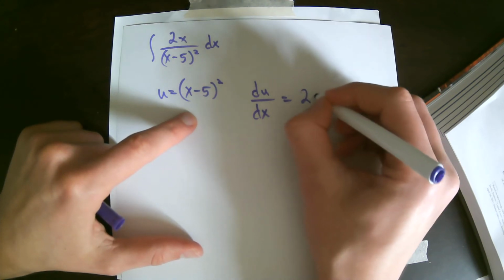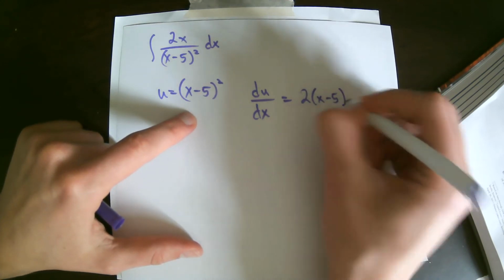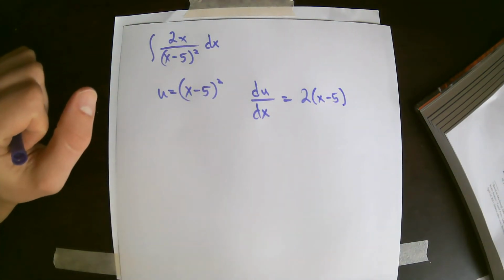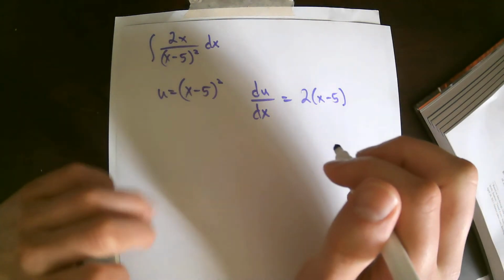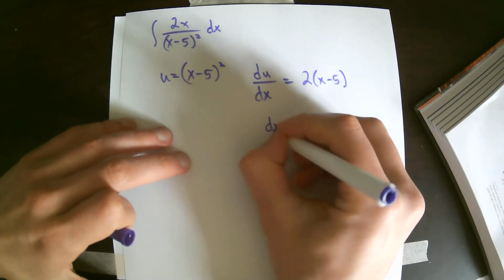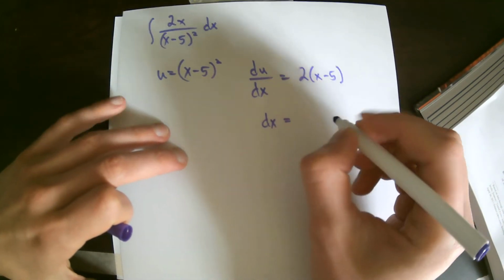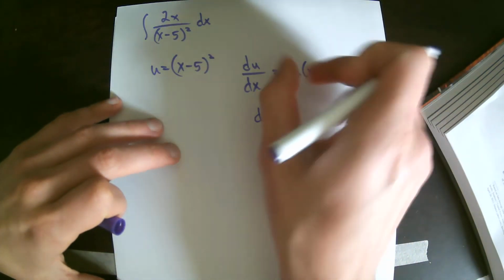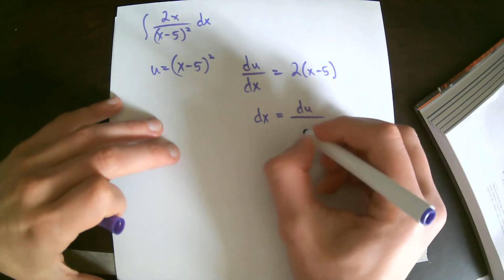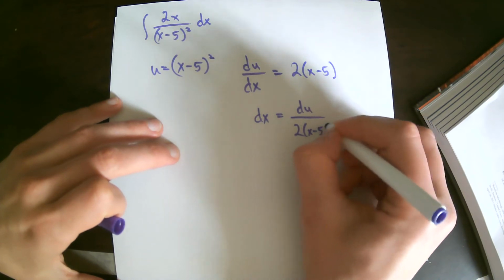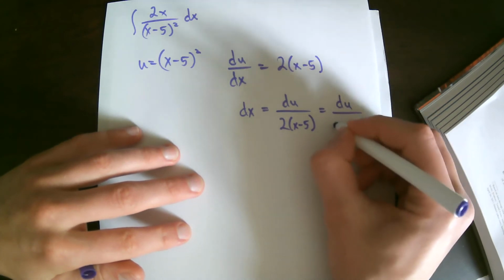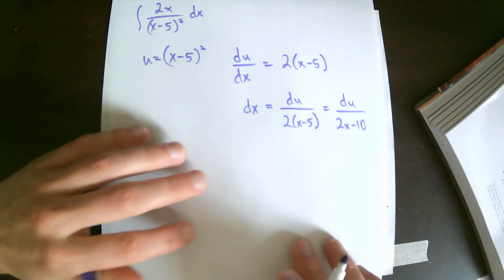Let's see, 2 times x minus 5, and then that would mean that dx is du over 2 times x minus 5, which is the same as du over 2x minus 10.